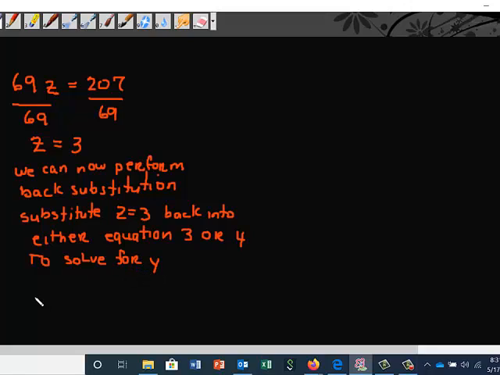So we're going to just use equation 4. That's okay, right? You use the equation that has fewer complications.